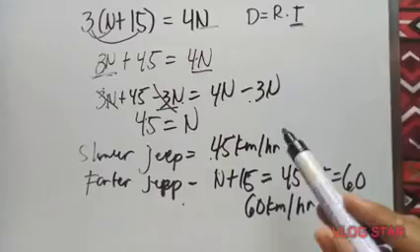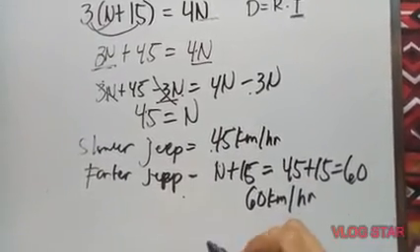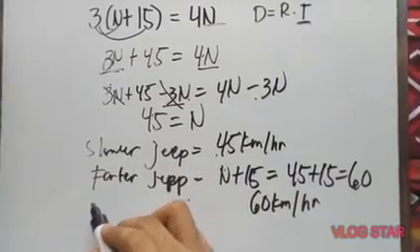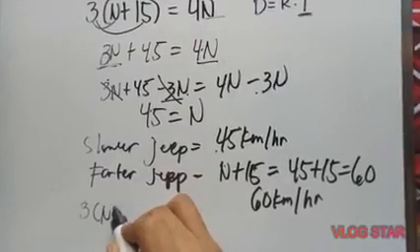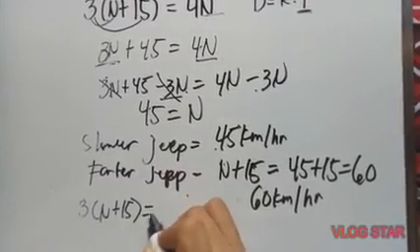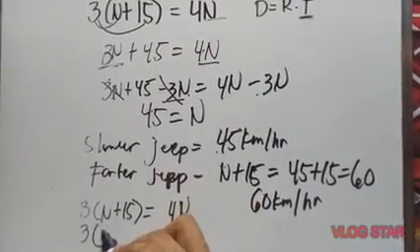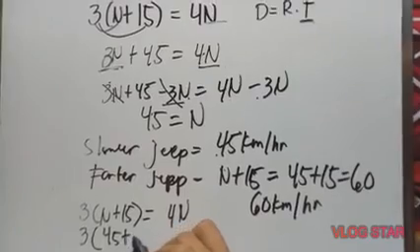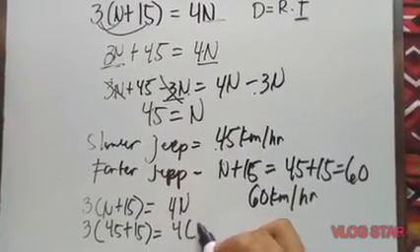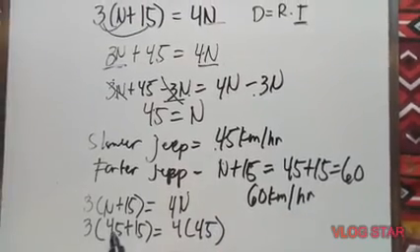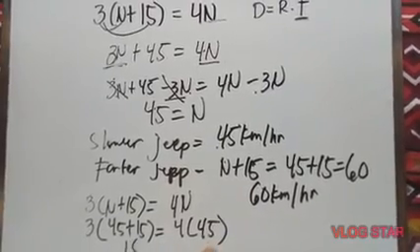To check if these speeds are correct, let's just substitute the value of n. So 3 times the quantity n plus 15, where n is 45: 45 plus 15 is 60, times 3 is 180.